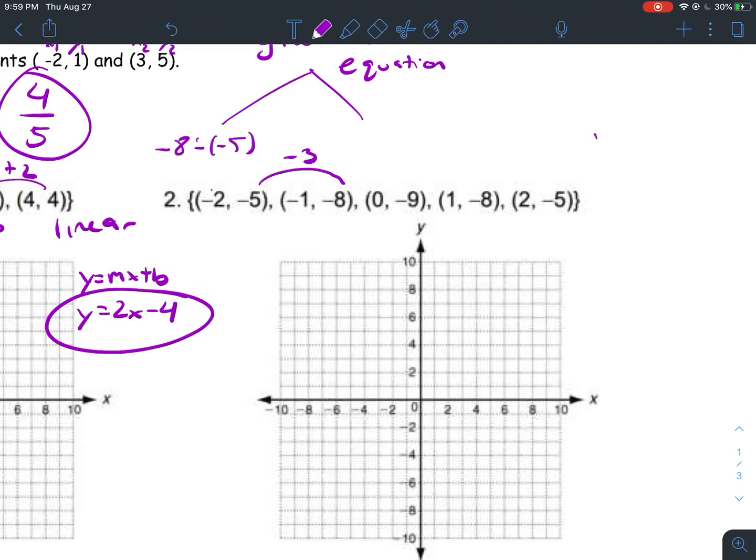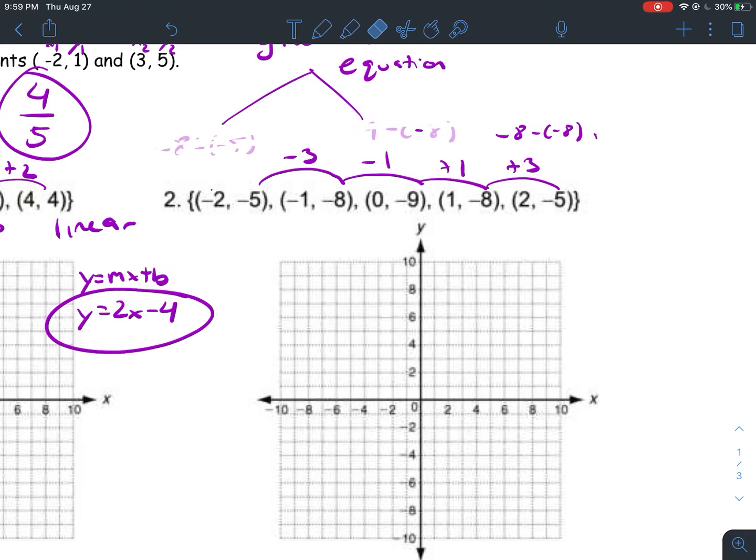We did -8 minus -5, we got -3. Then -9 minus -8, we get -1. -8 minus -9, we get +1. And then -5 minus -8, we get +3.